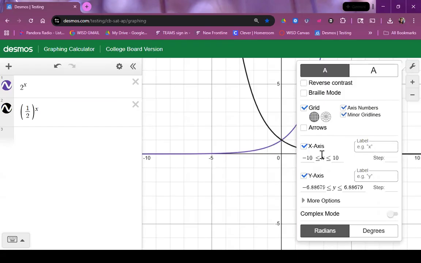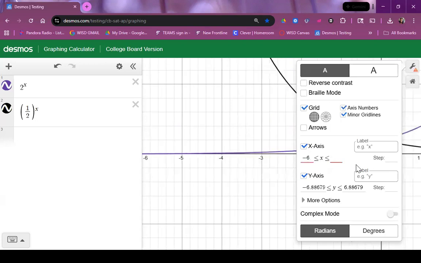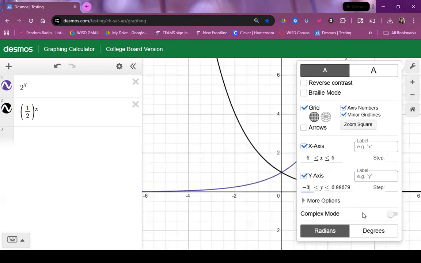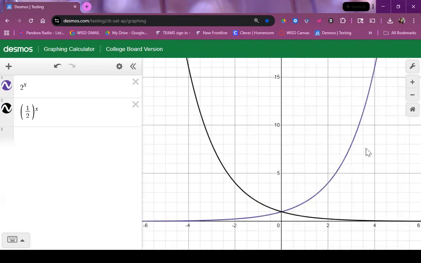Come over here, and we only go up to, looks like 6, and then we're from -3 to -7 to 17. So this is what is on yours, right?